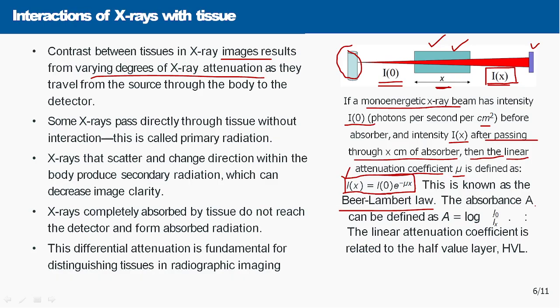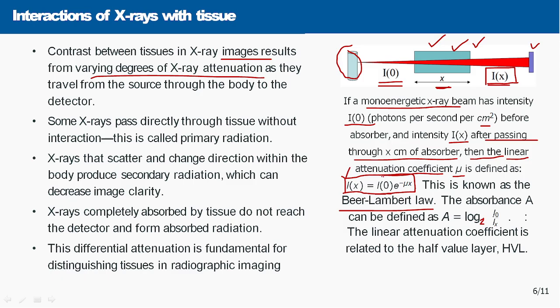The absorption, how much of the beam has been absorbed through this mass, can be defined from this equation, that is A equals ln I0 by Ix.